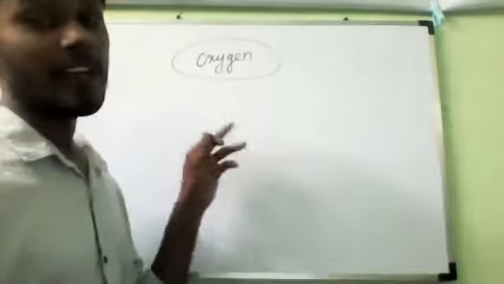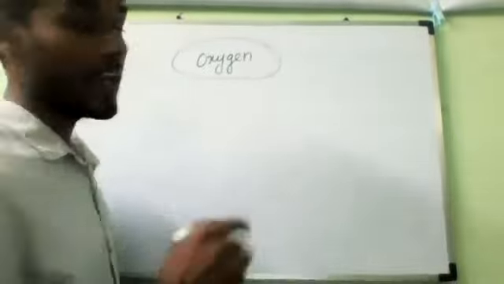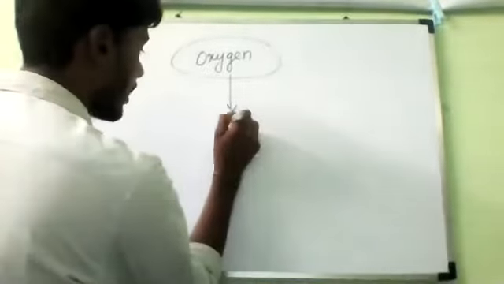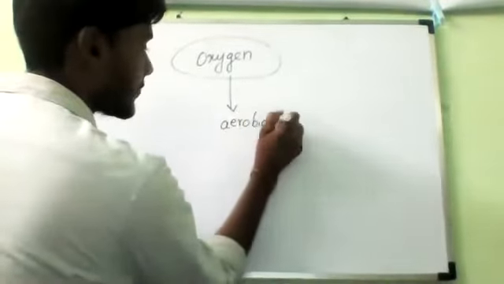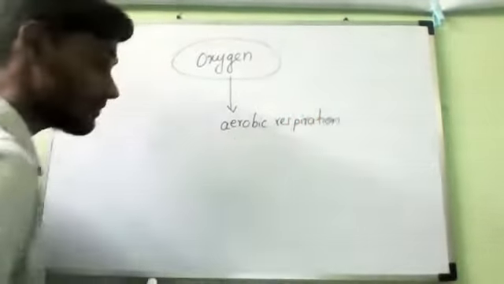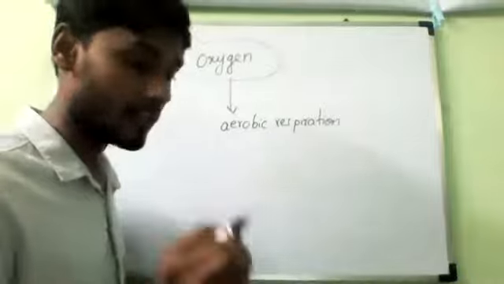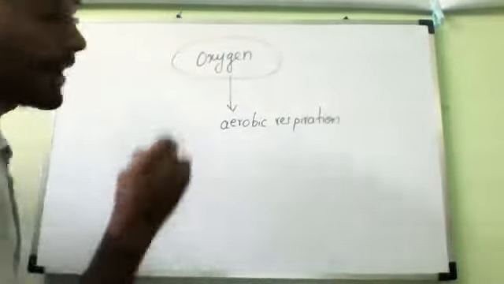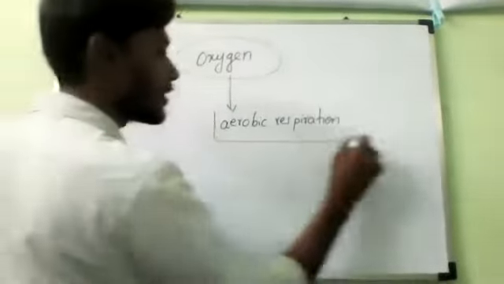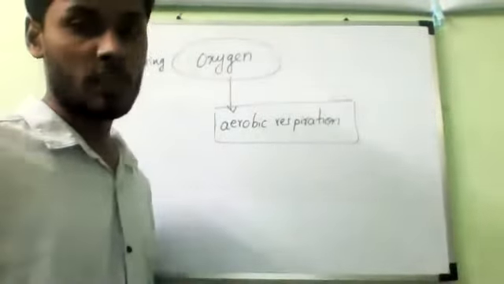So if any organism carries out respiration by using oxygen, it is called aerobic respiration. This type of respiration is called aerobic respiration.